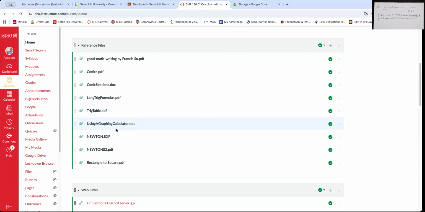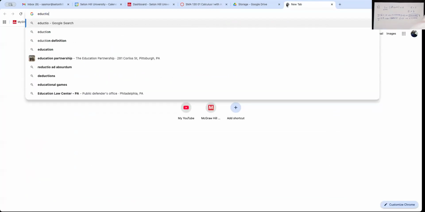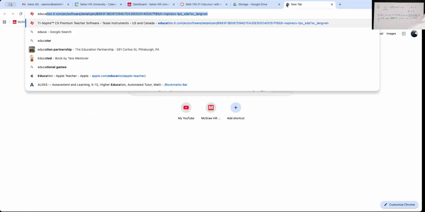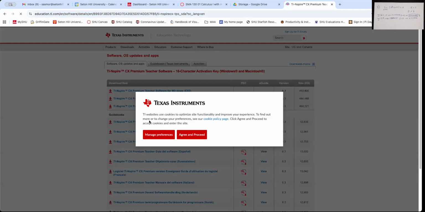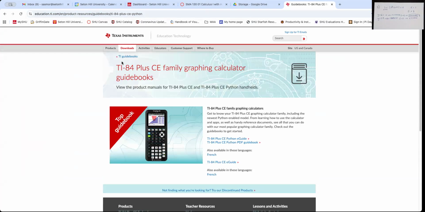But also the Education TI website, education.ti.com, guidebooks, all projects. Lo and behold, there is the guidebook for the TI-84 color edition.